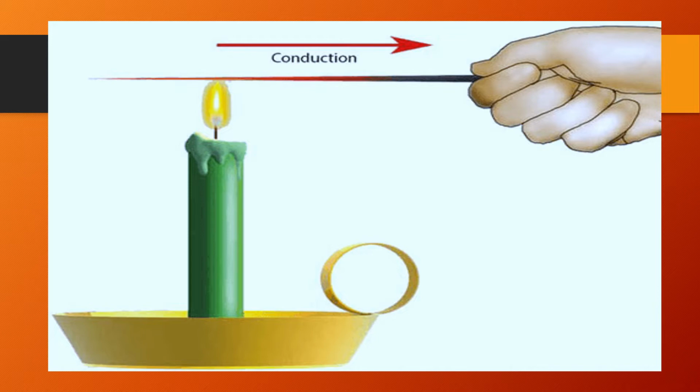Or you can do one small experiment also: take a burning candle and one long needle, hold the tip of the needle on the fire, and hold the other tip in your hand. Within a few seconds you feel that the needle becomes so hot that you can't hold it anymore.